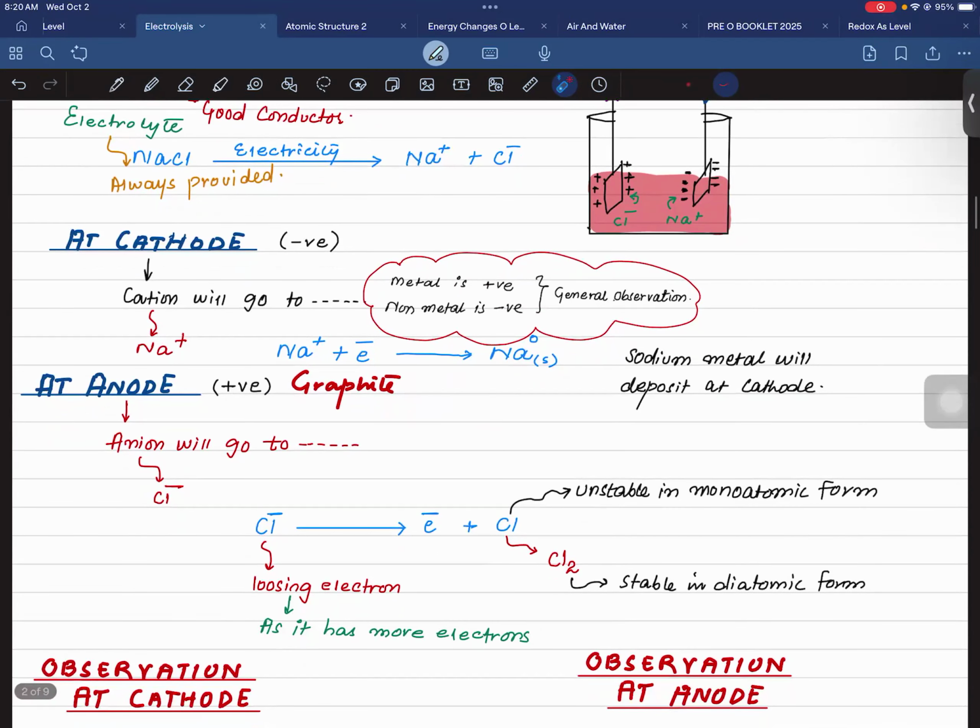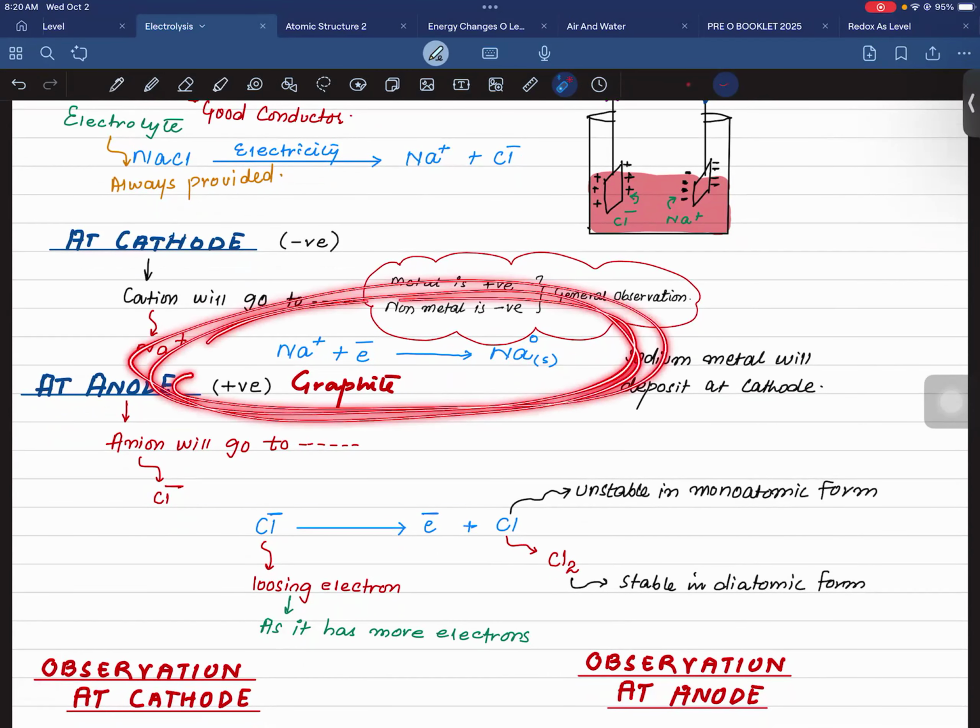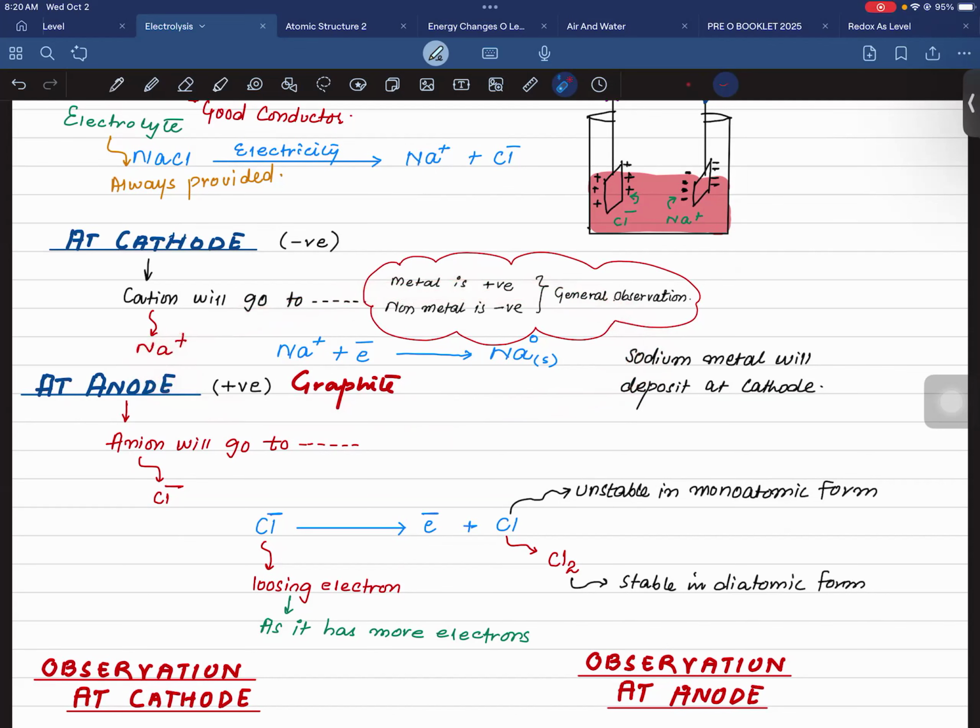So this is your equation at the cathode. What's happening at the cathode? Na plus is going towards the cathode, gaining one electron, and becoming neutral. When the sodium becomes neutral, remember, this is the solid state of the metal.